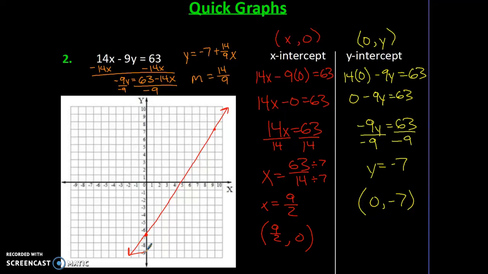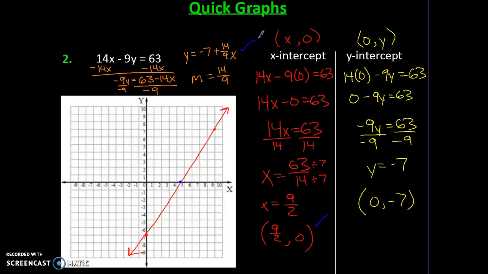Well, if I take a look at my graph, and I figure out where the line intercepts the x-axis, I see that it intercepts it at the 4.5 mark. So then I can confirm that, yes, this does work out. That this x-intercept is correct. My y equals mx plus b form is correct.